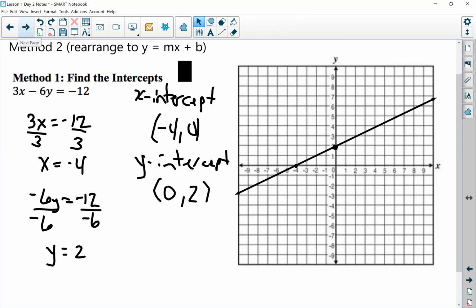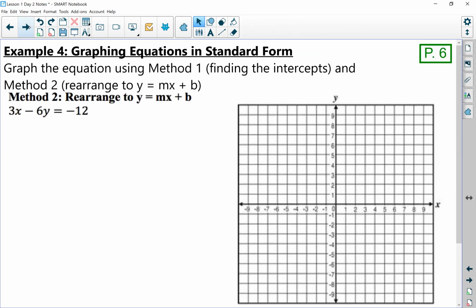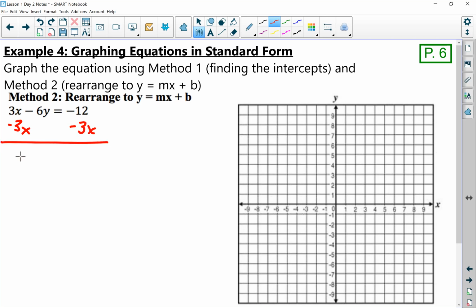Now let's try it using method 2. So for method 2, we're going to rearrange to get it in the form y equals mx plus b. So I want to get the y by itself. So I'm going to subtract 3x from both sides. So 3x minus 3x, that's 0.